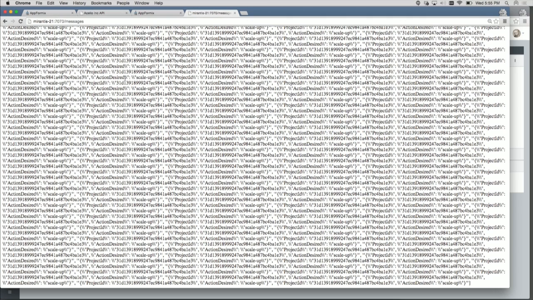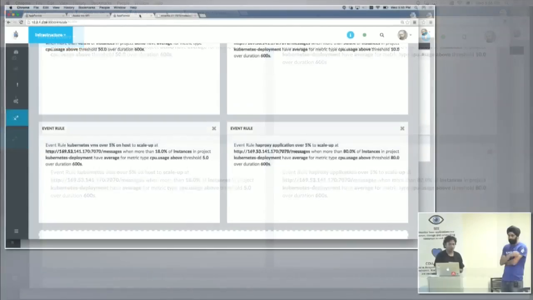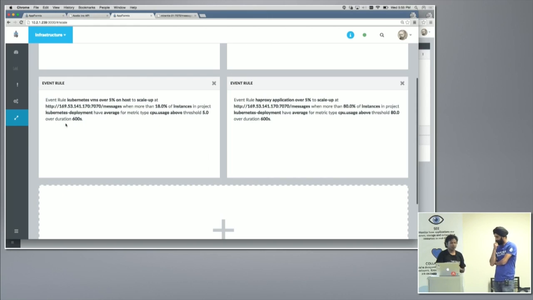It's getting the full overview of what happened to its application and why it got triggered a scale up or a scale down notification. So based on that, it can add a VM to its MongoDB layer, or if it's not really using its MongoDB layer to the level that it expects, it can scale it down. It can take any action that it wants based on this rule.